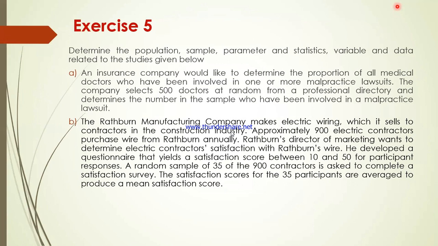First, identify what is the numerical measure they are considering here in this situation. What is the numerical measure they are considering? To get that idea, read the last statement and then identify it. Then define that one for the population.